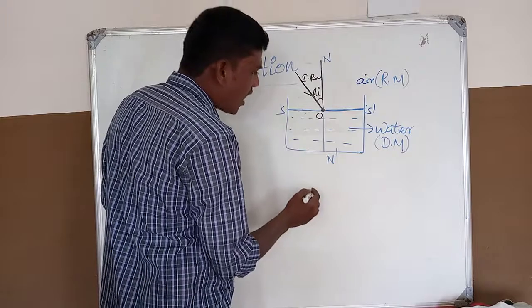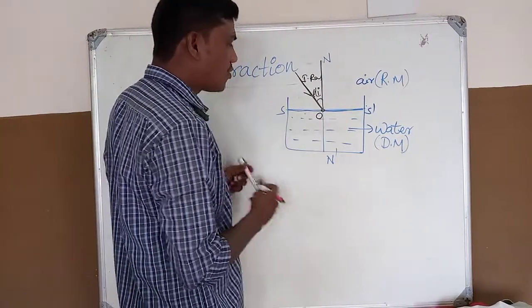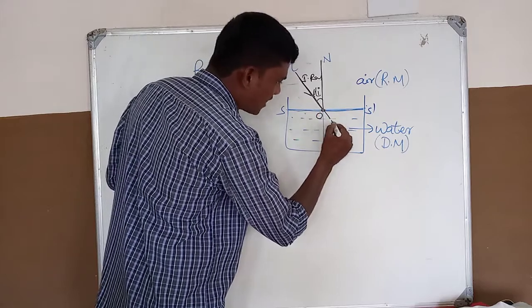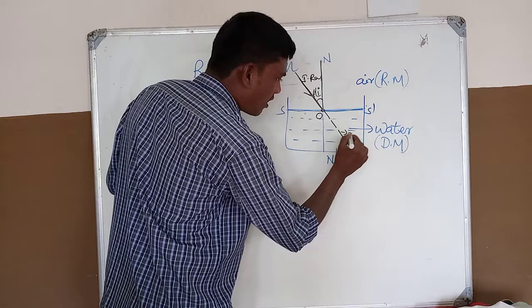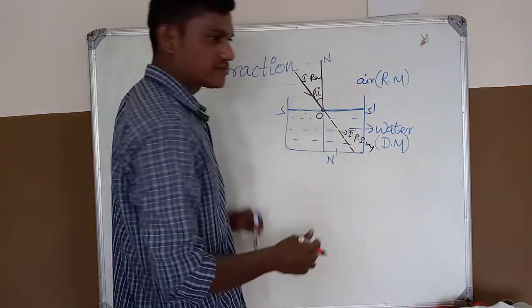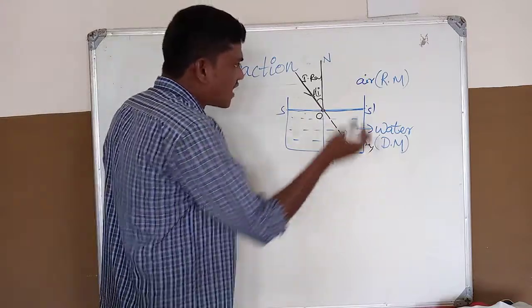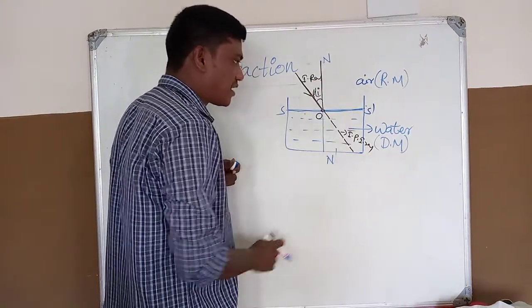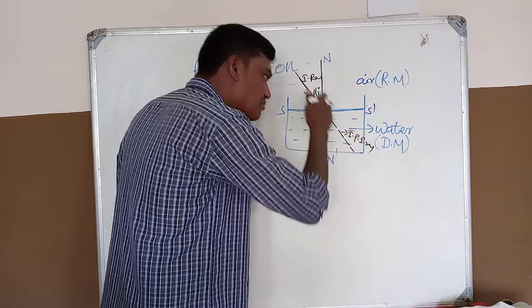But here you are observing that the incident ray is not going along this direction. It is the initial path of the incident ray. So this is called the initial path of the incident ray. But you are observing that when the light travels from one medium to another medium, it is not going along the initial or original path, nothing but a straight line.